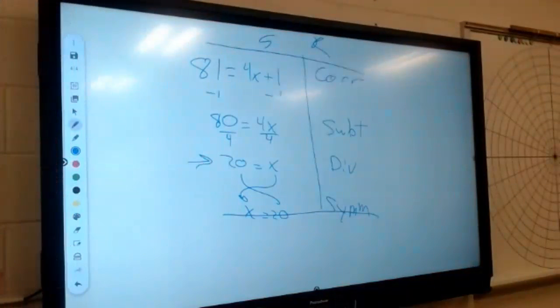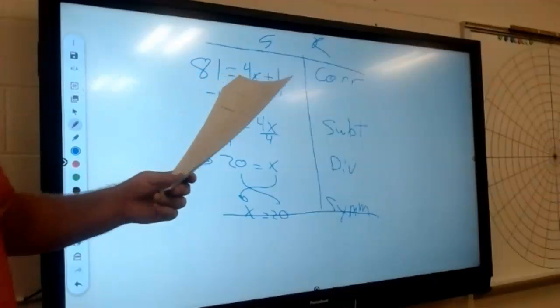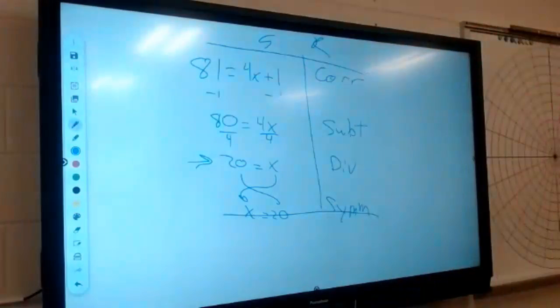Is that all right? So, for 21 through the end of the packet, put proof. So put the proof right there beside number 21. Because statements and reasons is a proof, and you have to do it for the rest of the packet. Am I clear? Yes, sir.